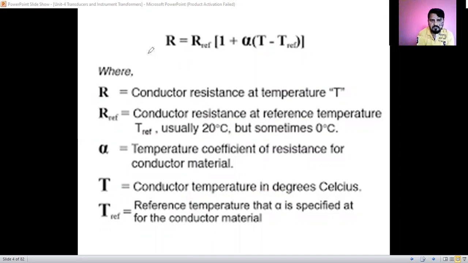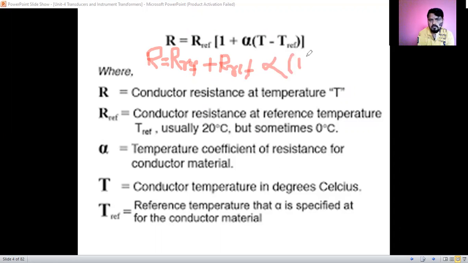Just split this term. See here. R is there, I will write R. This one you multiply: R reference plus R reference into alpha, T minus T reference.